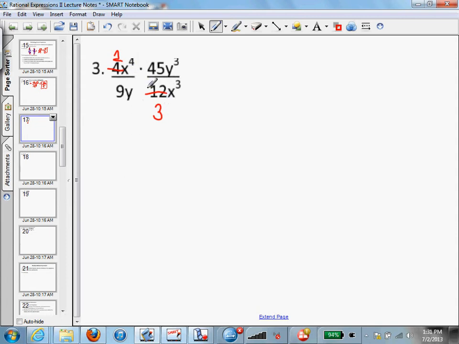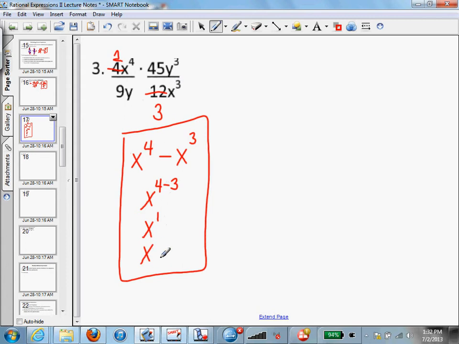Now looking at the variables, you have x to the 4th and x to the 3rd. You can think of subtraction, x to the 4th minus x to the 3rd. Since they share the same base of x, we bring the variables together, and the exponents 4 minus 3 give x to the 1st, which is just x.